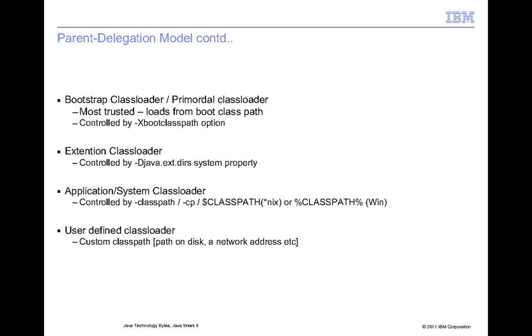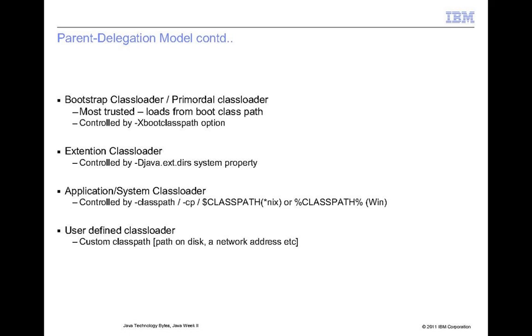A simple Java program, say a hello world, is loaded by your application or system class loader when you try to execute it, provided it is on the class path, that is -classpath, or -cp, or in the $CLASSPATH or %CLASSPATH% environment variable. These are the options for controlling the class path of the application or system class loader.